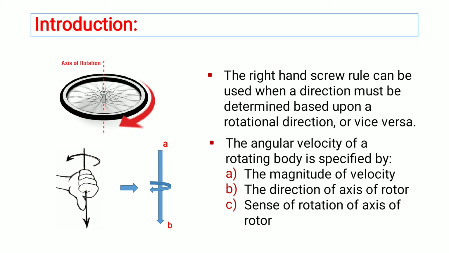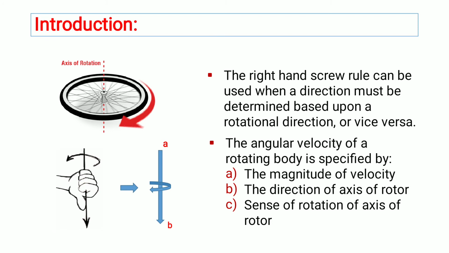This wheel is rotating in clockwise direction about this axis. If we see from the top end, then we see that this wheel is rotating in clockwise direction. Now according to the right hand screw rule, we can plot this angular velocity on paper by means of a vector.